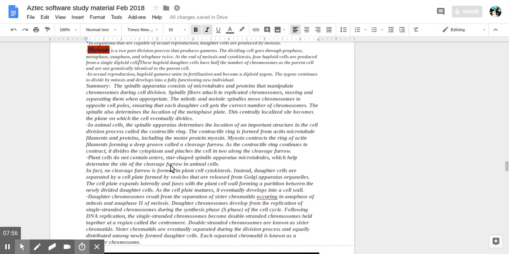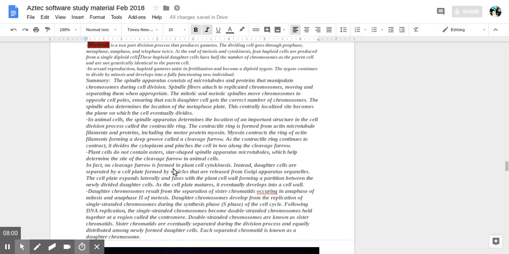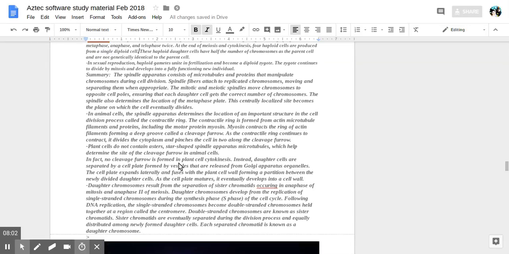Daughter chromosomes result from separation of sister chromatids, as in all cells, occurring in anaphase of mitosis and anaphase 2 of meiosis. Daughter chromosomes develop from the replication of single-stranded chromosomes during the synthesis or S phase of the cell cycle.